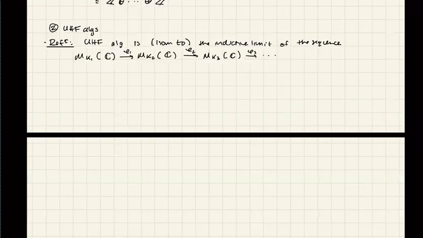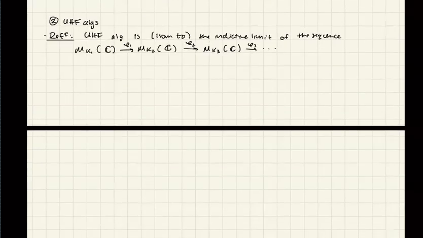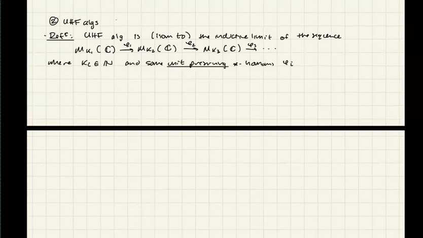And there's something special about the maps that are going between them. So again, the k_i are natural numbers and the maps φ_i are unit preserving star homomorphisms. So the unit preserving is important in the definition of a UHF algebra. Okay, so these are AF algebras. We will talk about those right after this one.